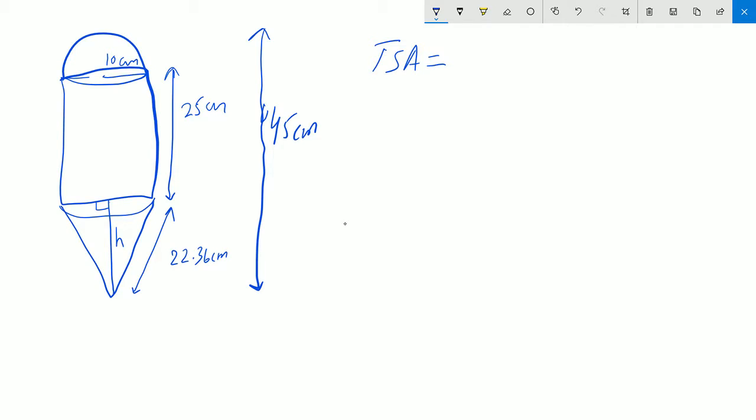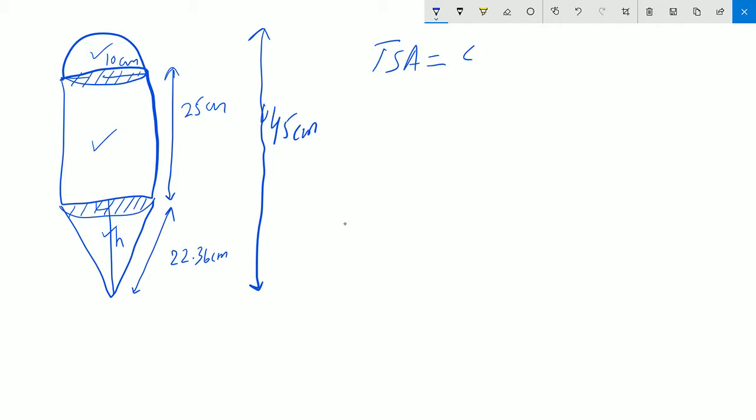So now let's calculate the total surface area for this whole figure. So that means we have to calculate the total surface areas for these three figures. Now note that for all these three figures, we're not going to take into account these circular bases or these circular faces. So we're only going to calculate the curved surface area for the cone, for the cylinder, and for this hemisphere, because these circular bases do not form part of this surface area.